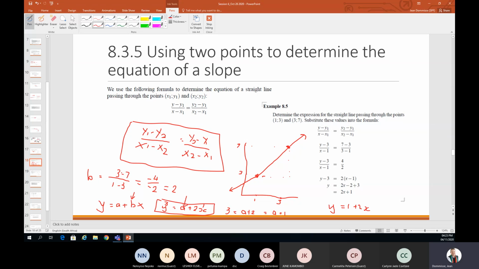And you will see that with that method, we got exactly the same as the method that they use. So depending on what is easier for you, you can decide which method you want to use. This is something that they can ask you in the exam, because you don't need to draw anything. They give you 2 points and they ask you to work out the equation of a straight line. Okay.